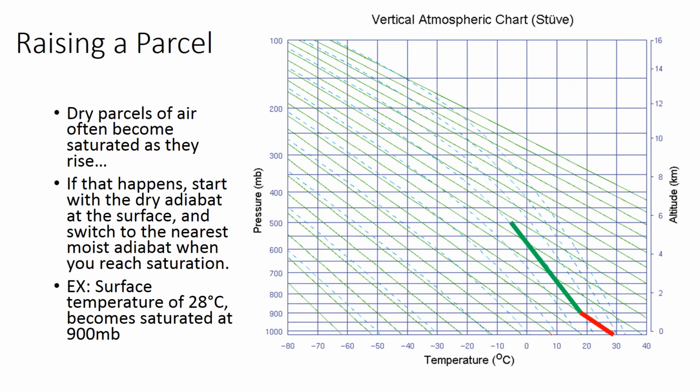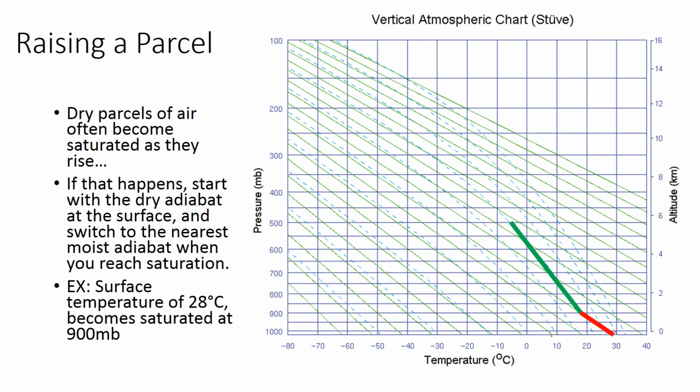And by the way, if you ever reach a point where your temperature is not directly on a line, draw a line that is parallel to the two closest lines, the two closest dry adiabats for dry air, moist adiabats for moist air. But the textbook actually does a really good job of keeping you directly on one of these lines. That's more if you get bored and you want to do it yourself.